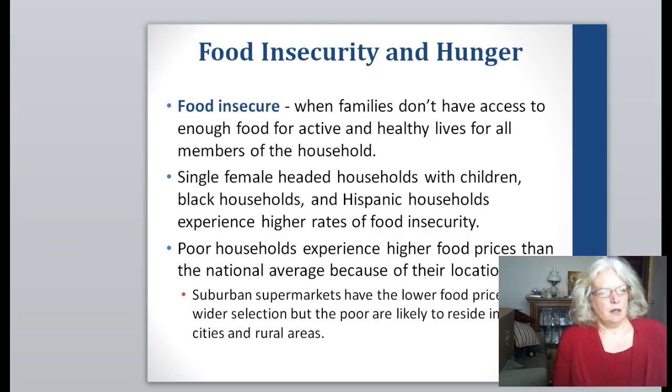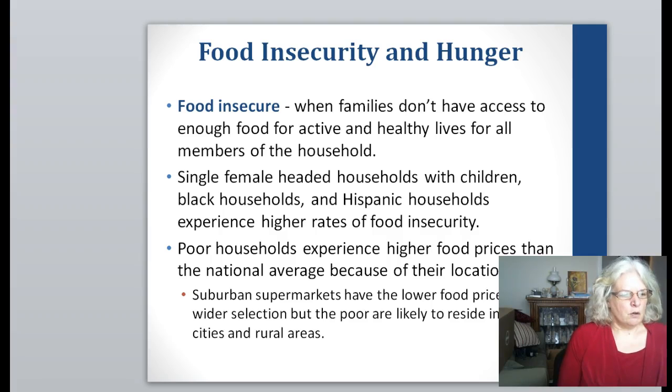Food insecurity: when families don't have access to enough food for healthy and active lives, it affects the family for the rest of their lives. Poorer households experience higher food prices than the national average because of where they live. Think about this: in the middle of the city in an unsafe area, there aren't grocery stores available, or those that are have to pay higher rents and have more problems keeping food in place, so their costs are much higher.